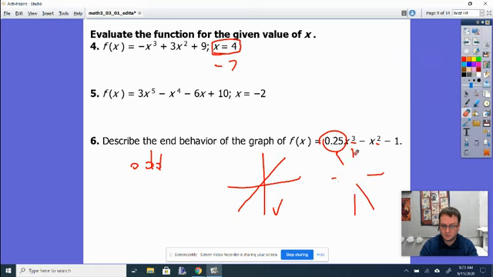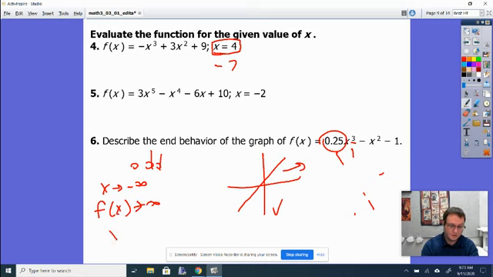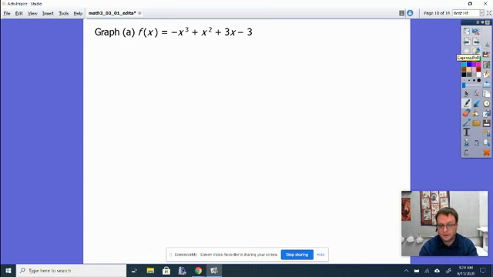So as I go left, so as x goes to negative infinity, I am also going to negative infinity. F of x is also going to negative infinity. As I go right, as I go to positive infinity, f of x also goes to positive infinity. Remember, f of x is just the same thing as a y.